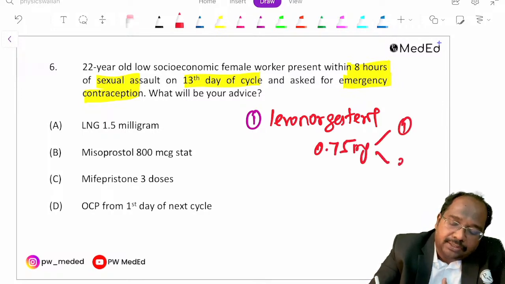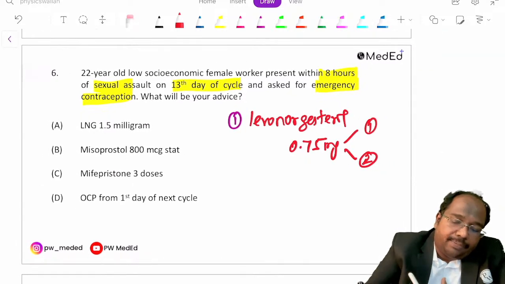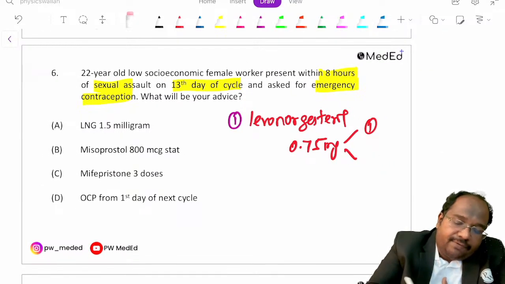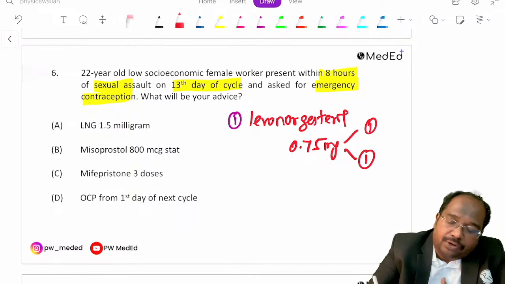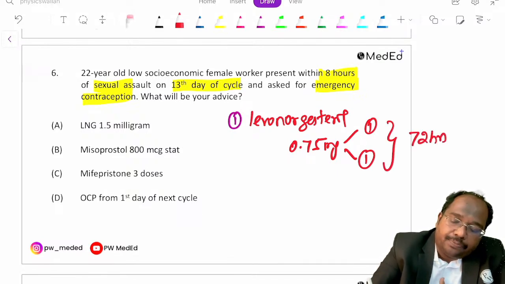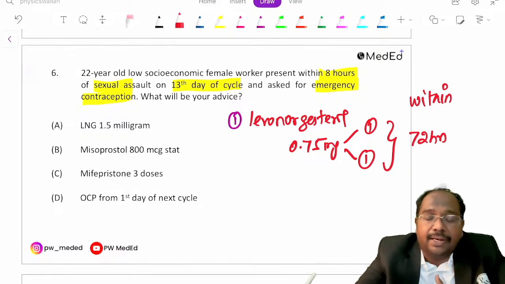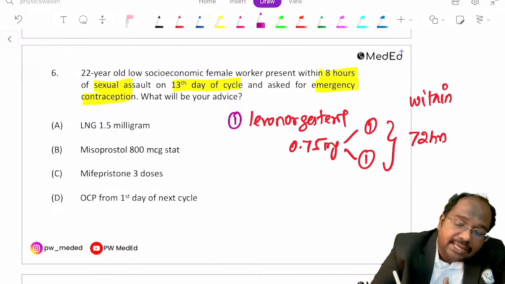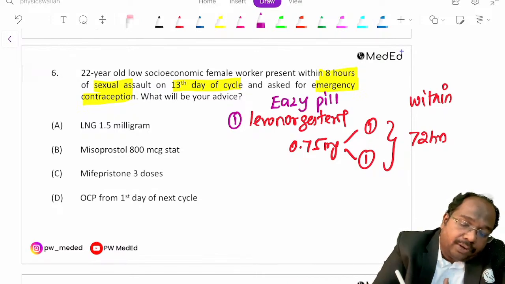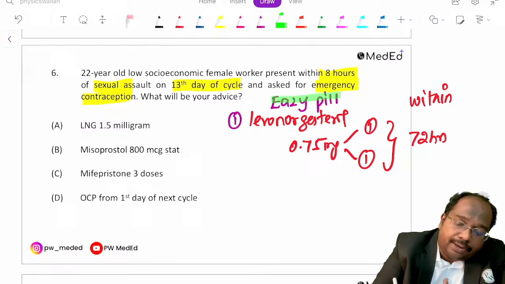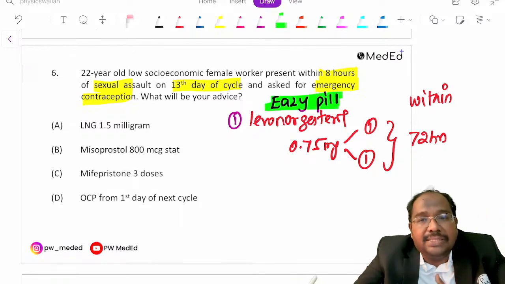First 1 tablet, and again we give 1 more tablet after 12 hours. This has to be completed within 72 hours of unprotected sex. The name of the pill in the program is Easy Pill. It is available in the program, guys.